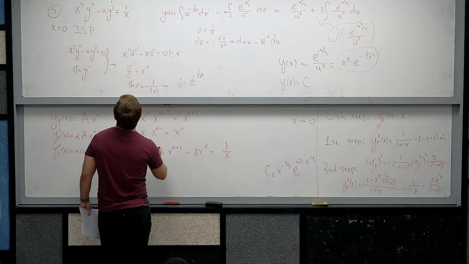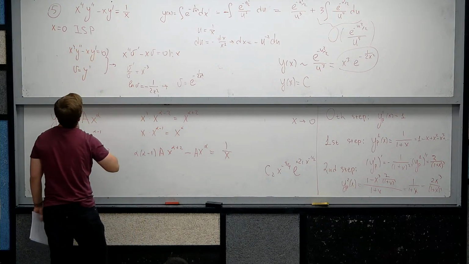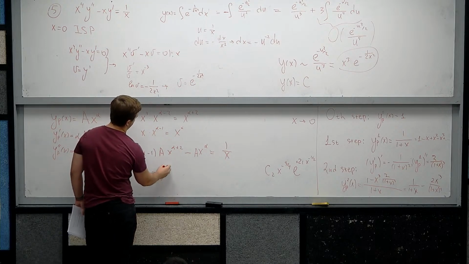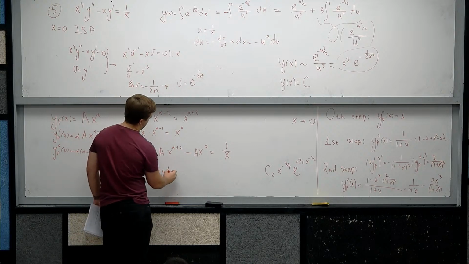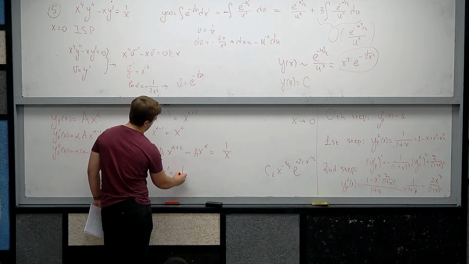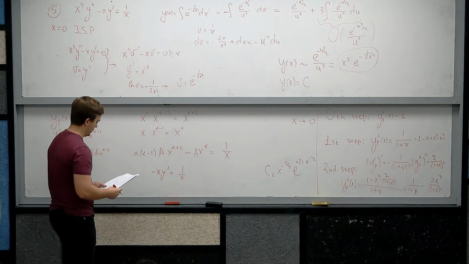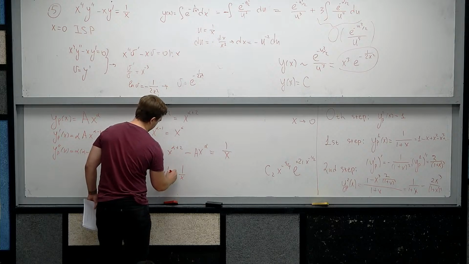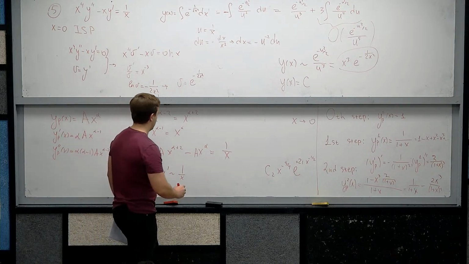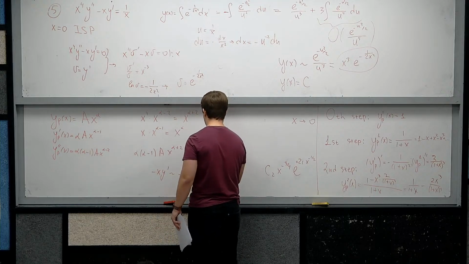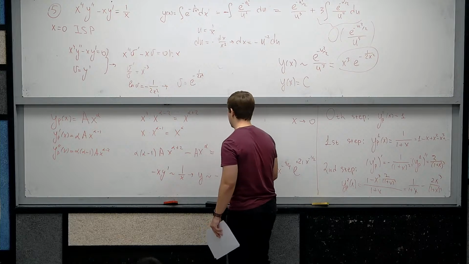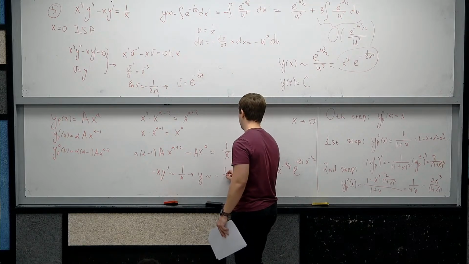We neglect the first one and keep only the second one. So the second one is minus x y prime, asymptotic to 1 over x. Then we say that y prime is asymptotic to minus 1 over x.